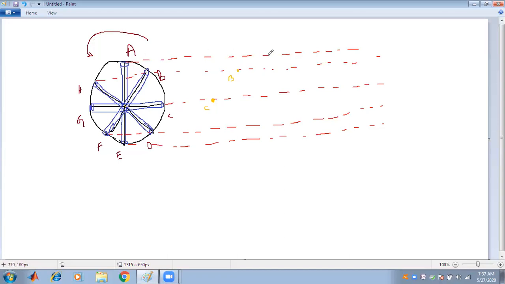This is the reflection of the A point, and it is H. So this is the same equivalent distance. This is the reflection of the H point, and again it is coming on to the G. So this is the reflection of the G point. Followed by that, this is the reflection of the F point. The reflection of the E point.